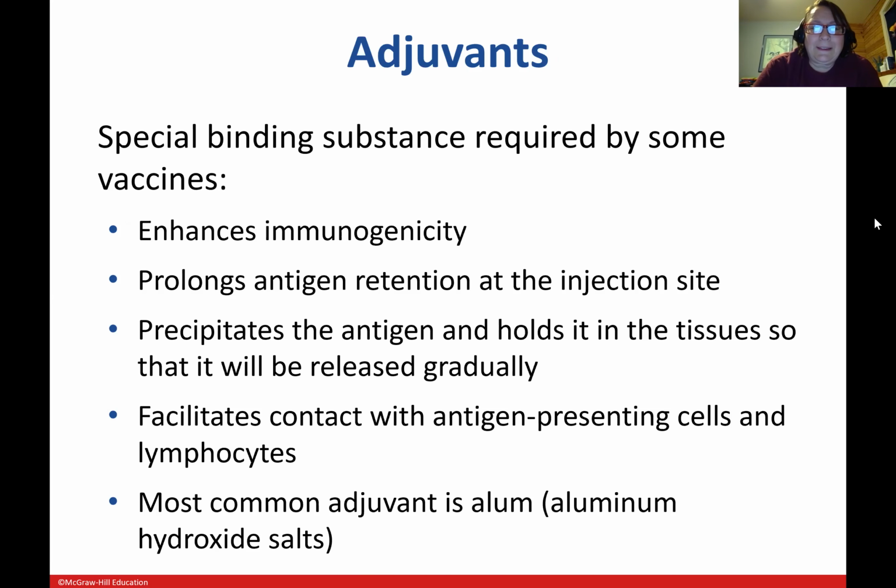It precipitates the antigen and holds it in the tissue so that it can be released gradually. Again, it just makes it a little sticky. It facilitates contact with those antigen-presenting cells like macrophages and dendritic cells, which are going to actually start the process of making those memory cells. And the most common adjuvant is an aluminum salt called alum.